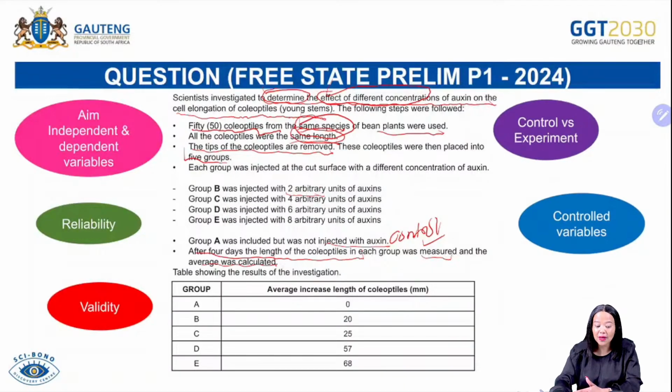But if the question is phrased differently, and we say, how did the investigator ensure that the results are valid? They used the same species and the same length.